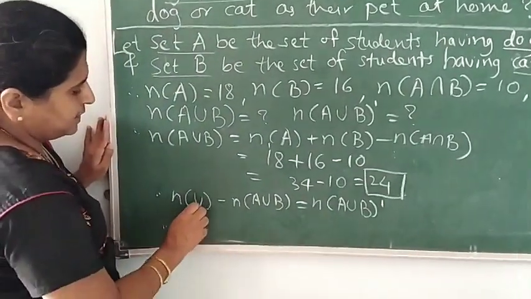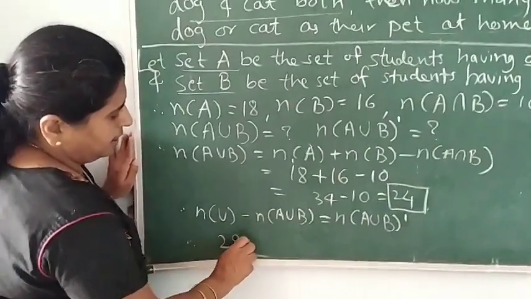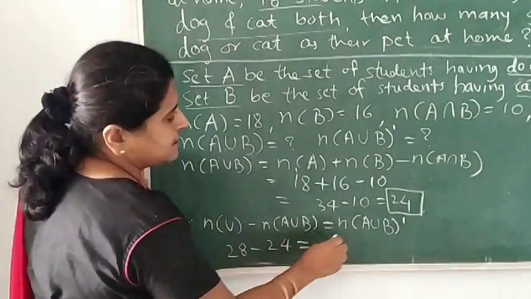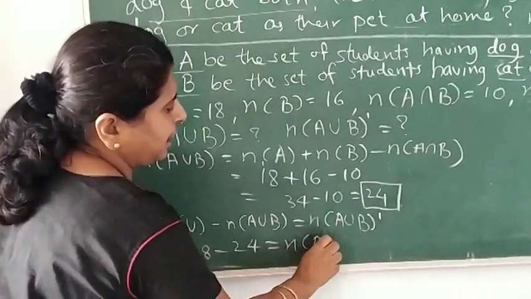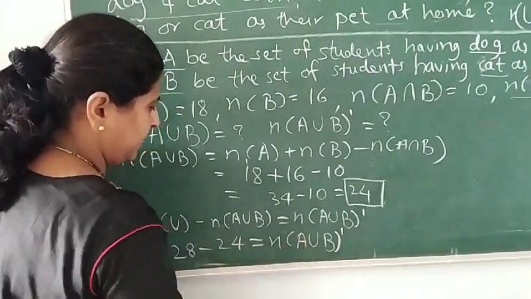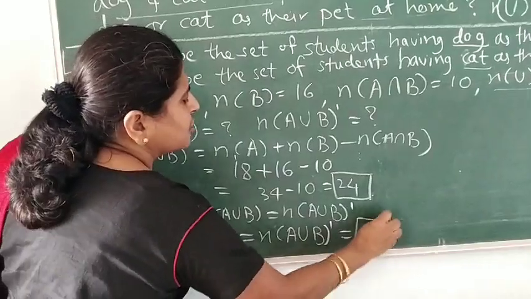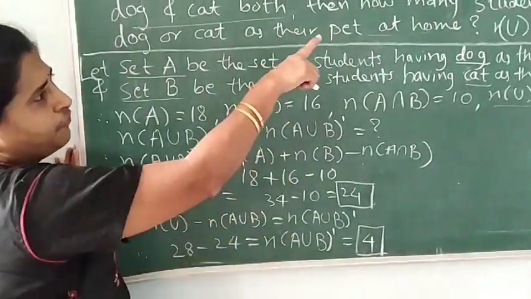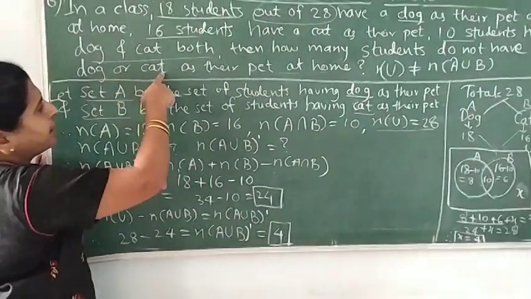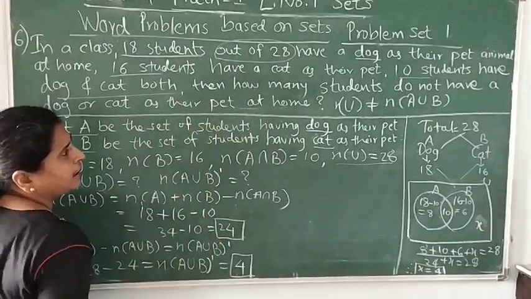That's why this U is 28 minus 24 is equal to the number of elements in the complement of A union B, and the subtraction will give us the answer 4. So our answer is 4 students do not have a cat or dog as their pet at home.